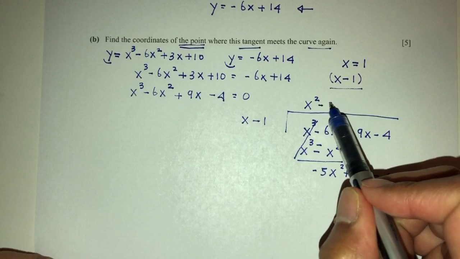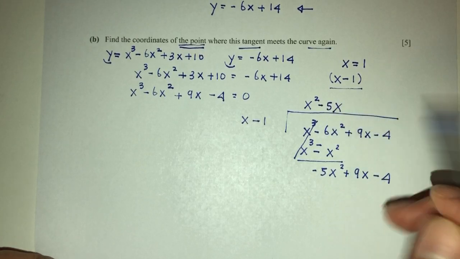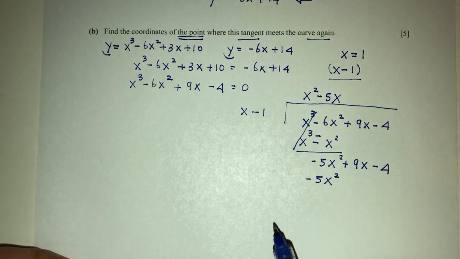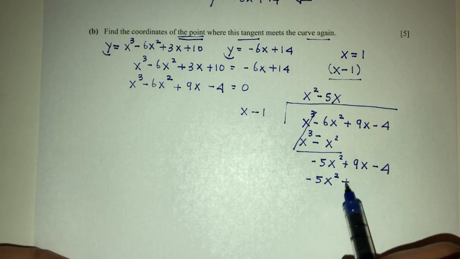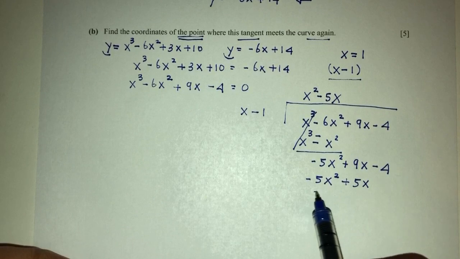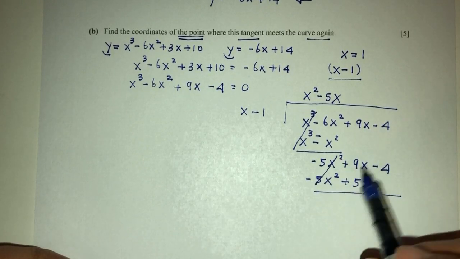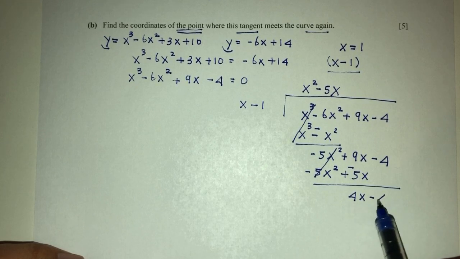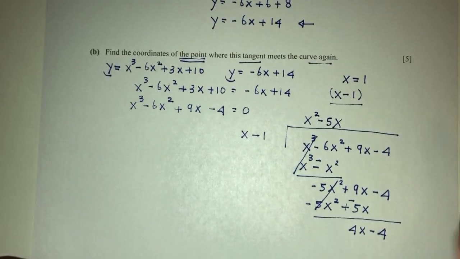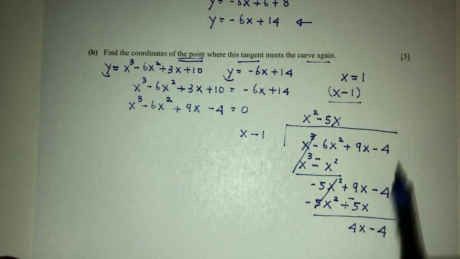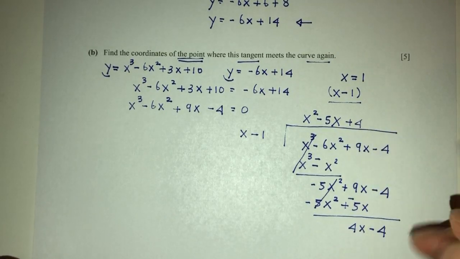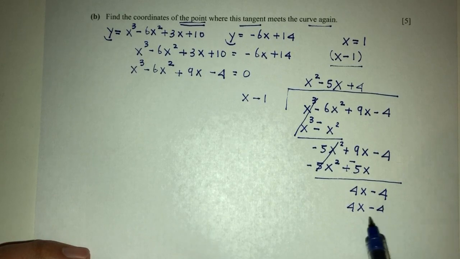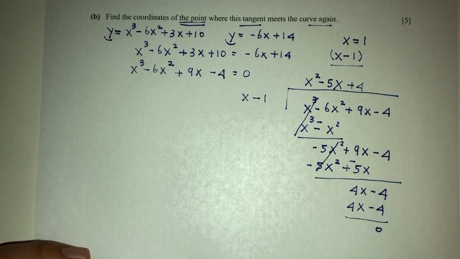Multiply by -5x. So you will have -5x^2 + 5x. This will go away. 9 - 5 will be 4x - 4. Now finally, how can you make x become 4x? Multiply by +4, right? So you will have 4x - 4, and that will be 0.